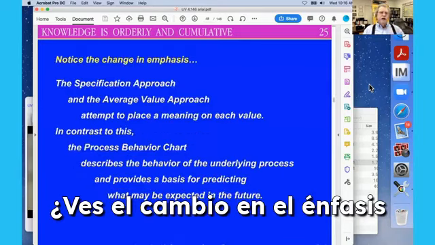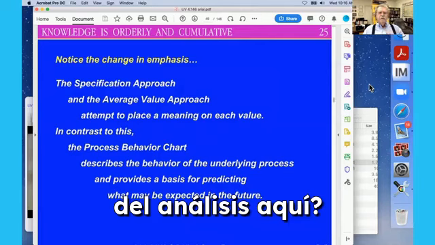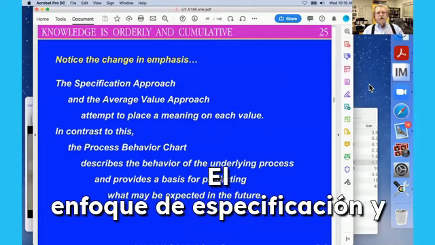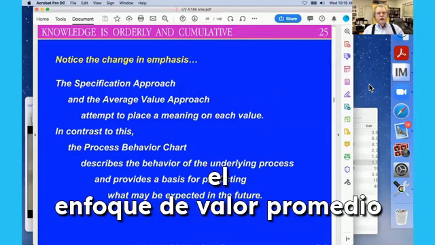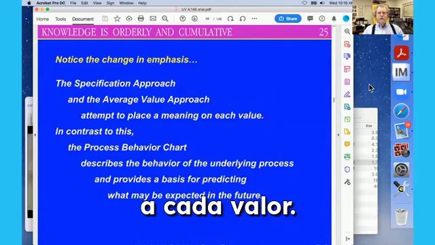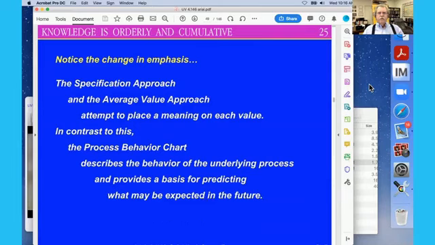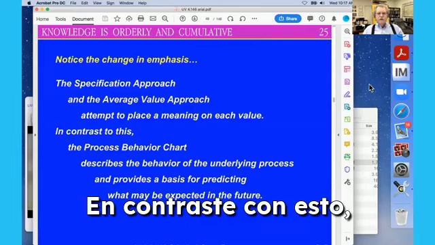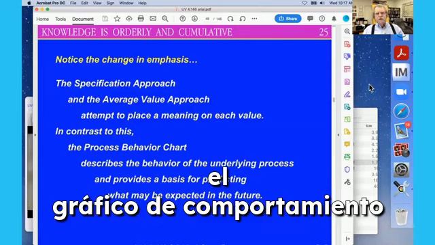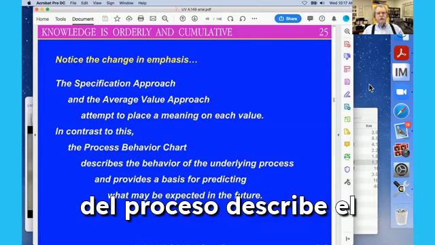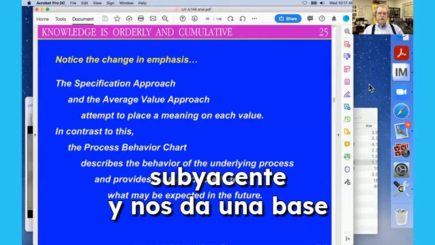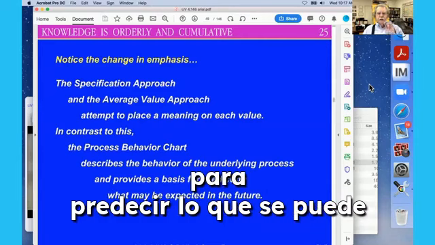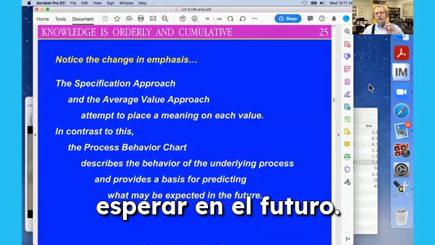Do you see the change in emphasis here? The specification approach and the average value approach attempt to place a meaning on each and every value. In contrast to this, the process behavior chart describes the behavior of the underlying process and gives us a basis for predicting what may be expected in the future.